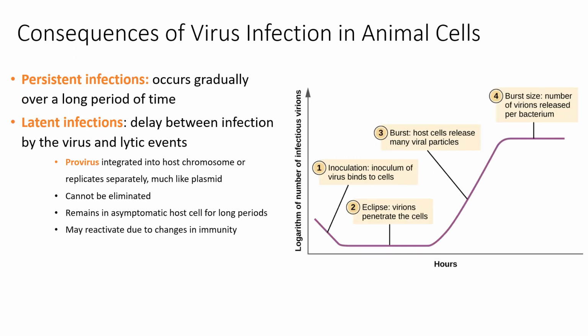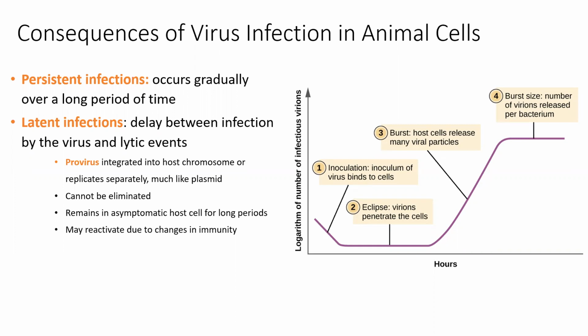So we just talked about persistent infections, which progress gradually over a long period of time. And then latent infections are where there's a delay between the infection and the actual lytic process. This is where they kind of hang out for a while. We talked about this with HIV, those retroviruses, where even though it starts off having an RNA genome, it's able to convert the viral RNA to viral DNA, which then is integrated into the host, and it just hangs out for a long time.